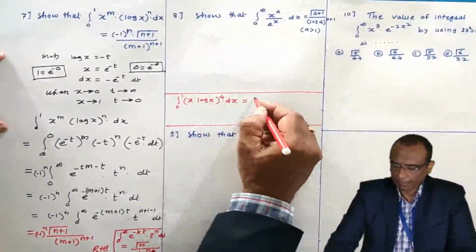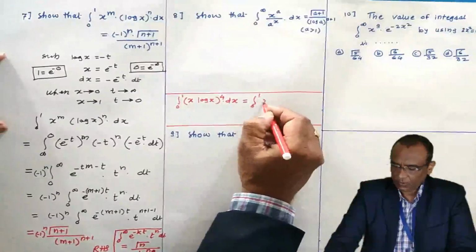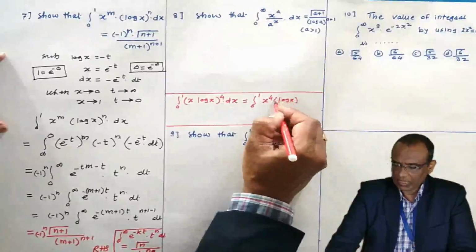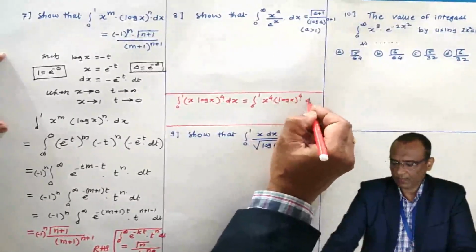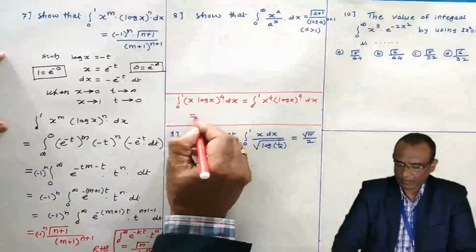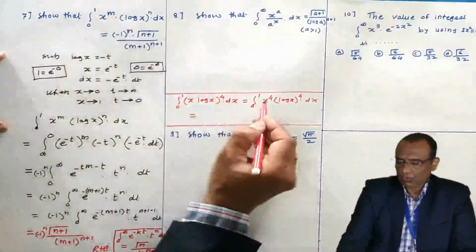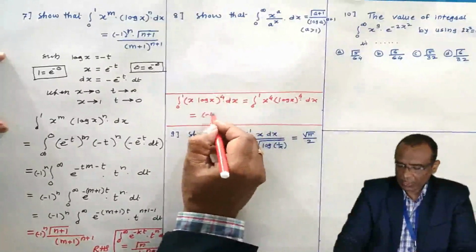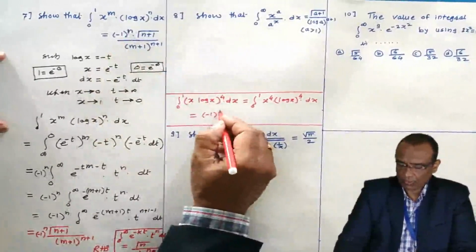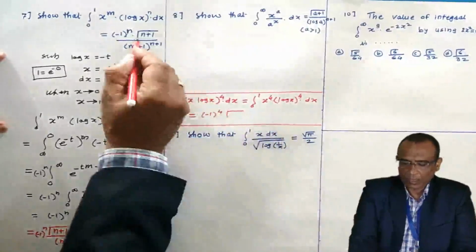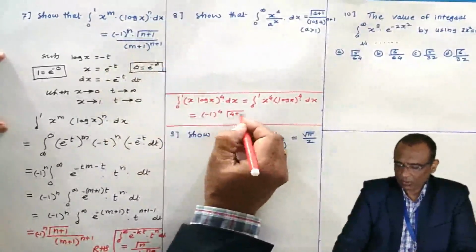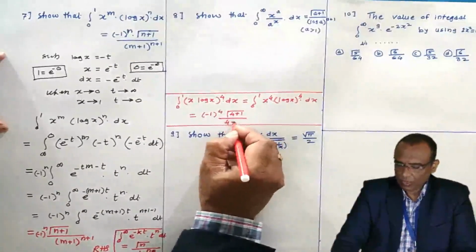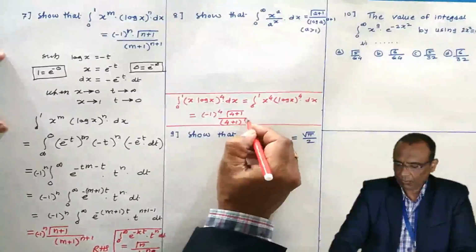Then this can be written as integral 0 to 1 x power 4, with the indices separated by the law of indices. Here m is 4 and n is 4, so minus 1 to the power n, n is 4, m and n are the same here, 4 plus 1 power 4 plus 1.